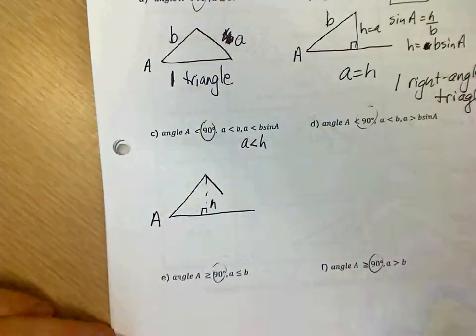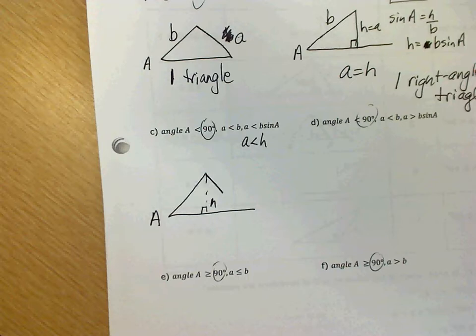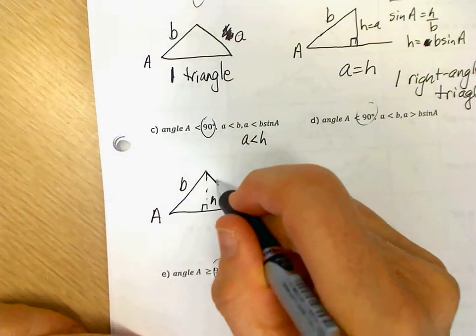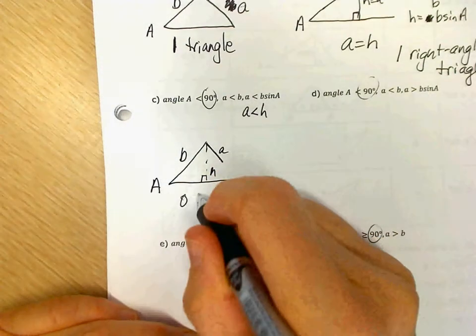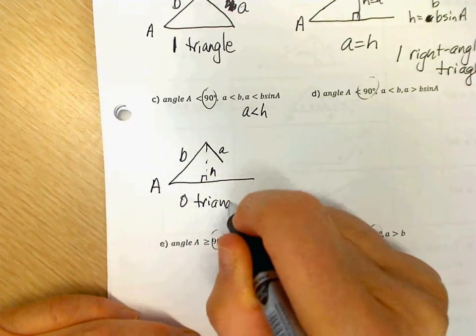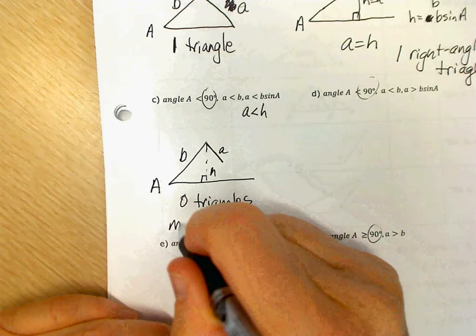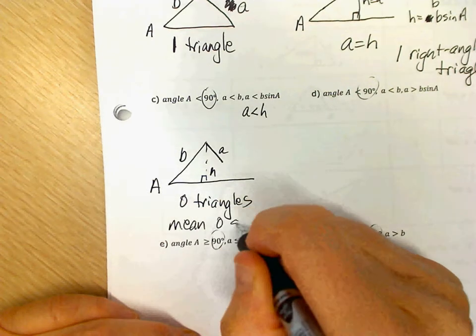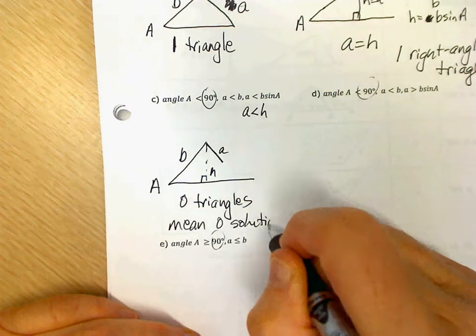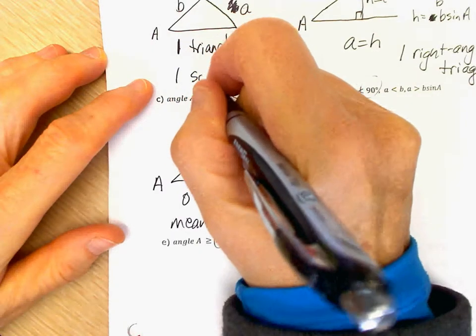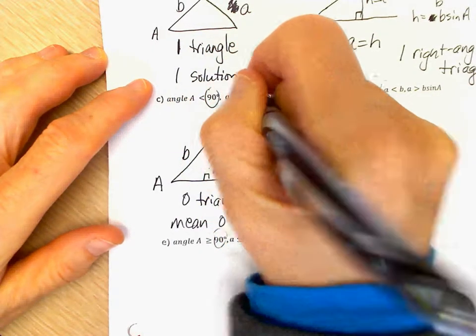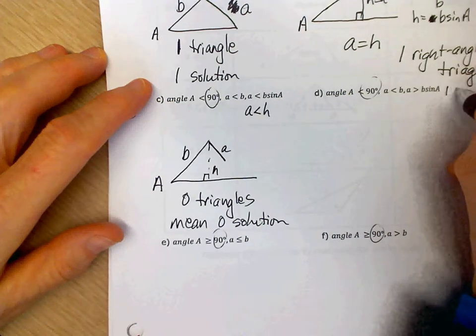So how many triangles do we have here? 0 triangles. 0 triangles means 0 solutions, right? There's no solution possible. The triangle doesn't even work. 1 triangle means 1 solution.